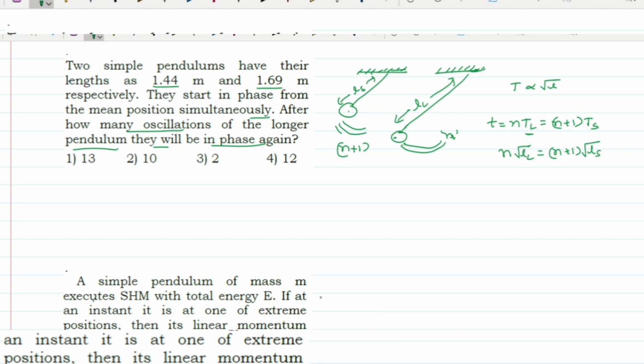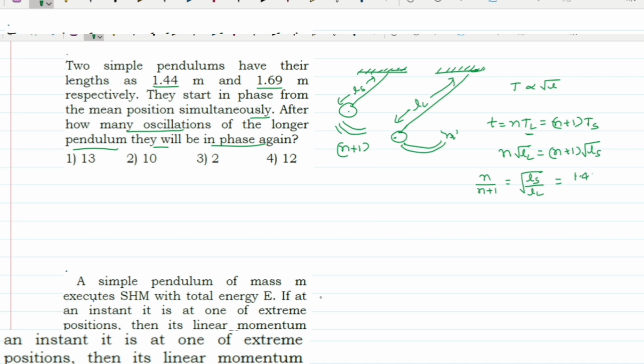Comparing, n by n plus 1 equals root LS by root LL. The length of the shorter pendulum is given as 1.44.